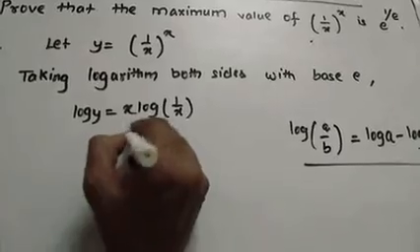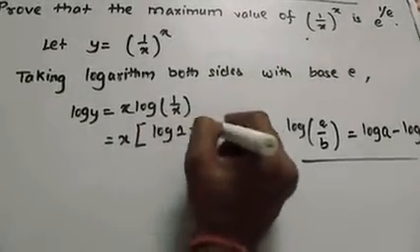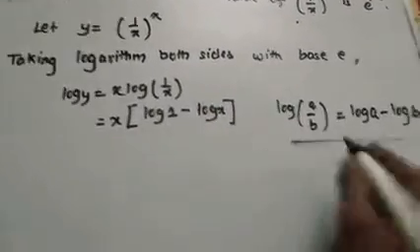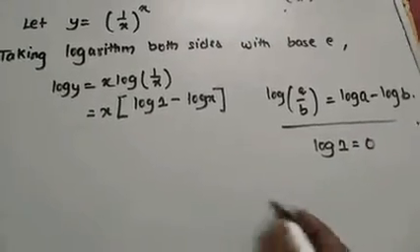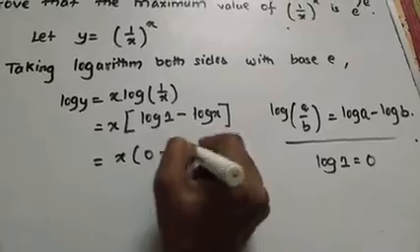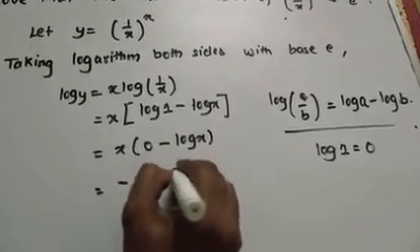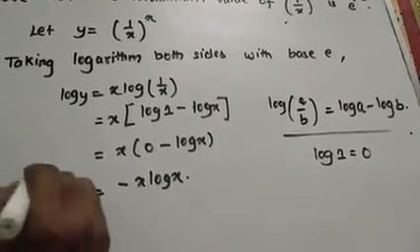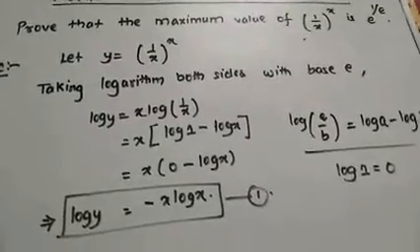That is log 1 minus log x, and remember, log 1 is always 0. So 0 minus log x. Finally we get minus x log x. This is log y. Name this equation 1.